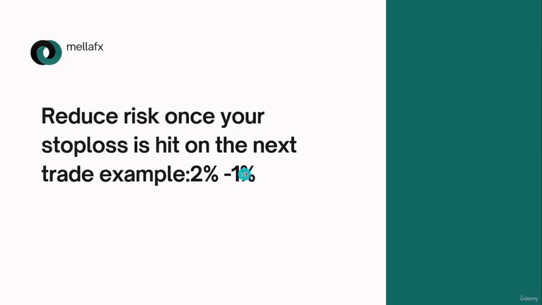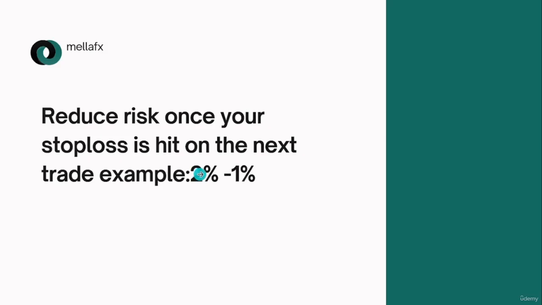If you also lose this 1% in the next trade, then reduce your risk to 0.5%, and so on, so that eventually you'll be able to mitigate that loss, because you have a strategy that works, you have your own system that works, and you have accepted the risk.